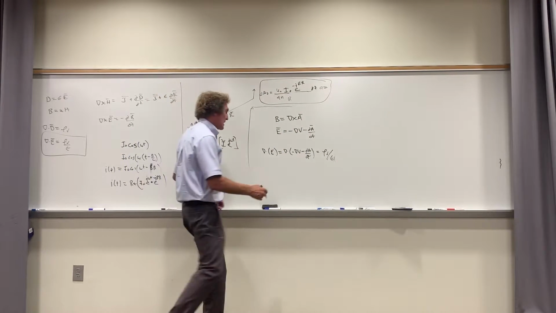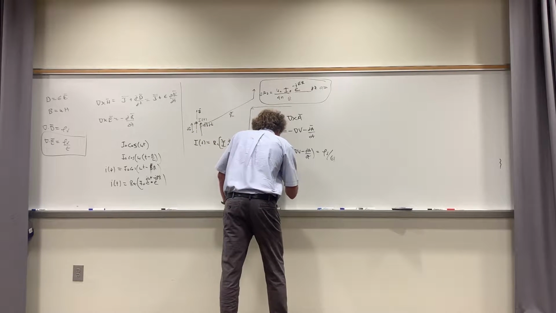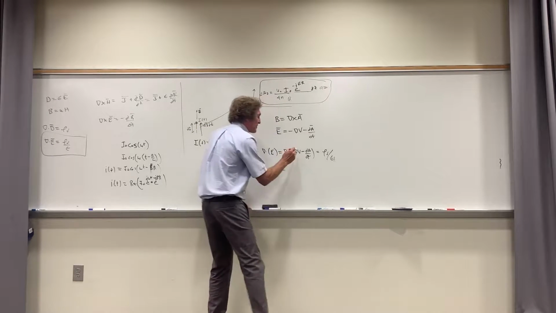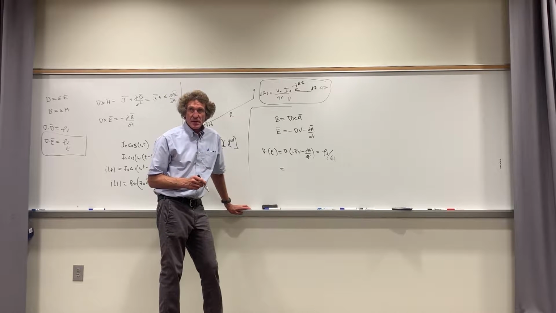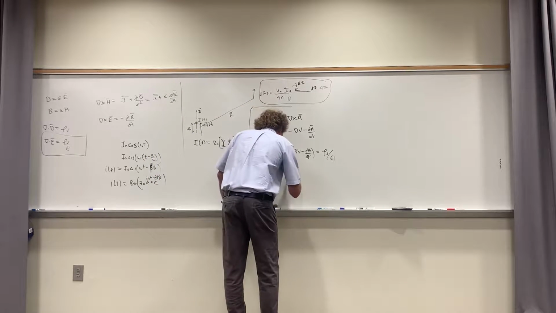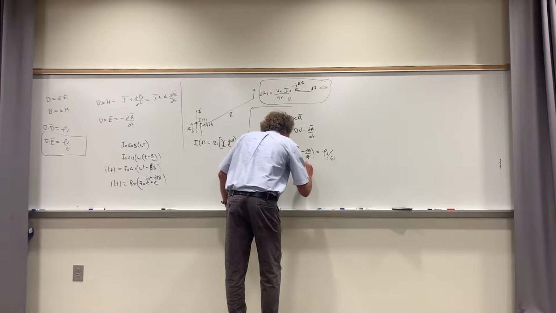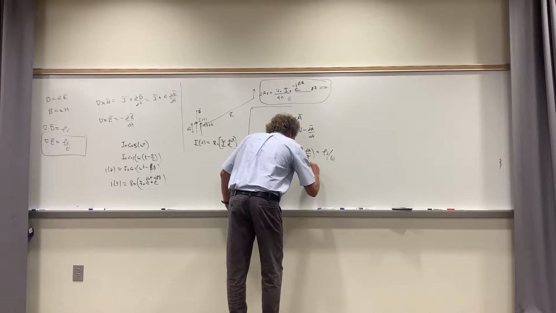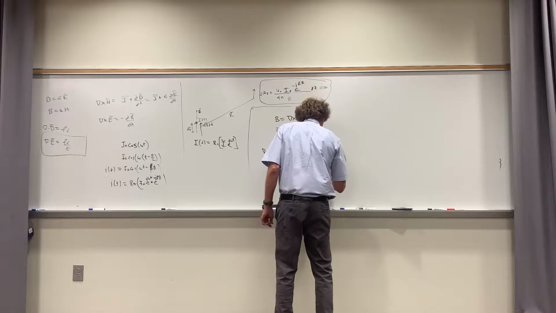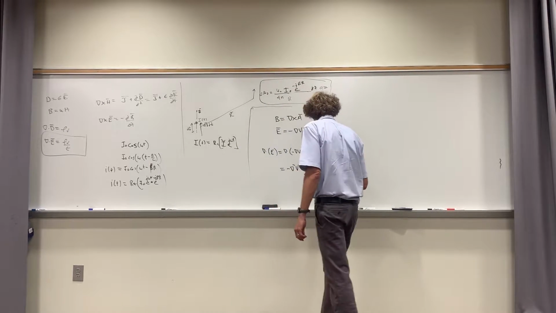Now keep watching. Now when I do this, I get, well, the divergence of a gradient is a Laplacian. The symbol is minus del squared of V minus d dt of the divergence of A is equal to rho V over epsilon.